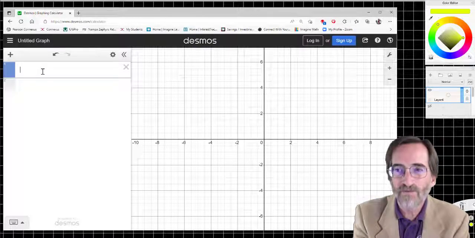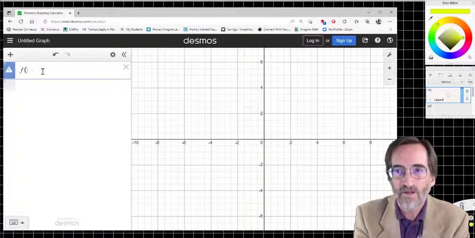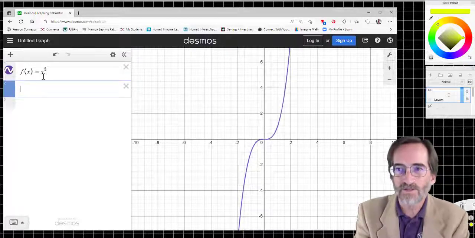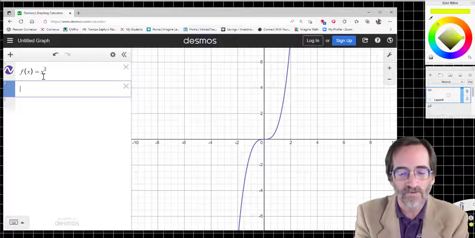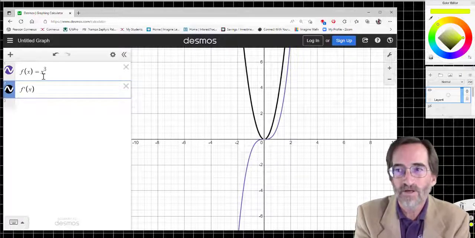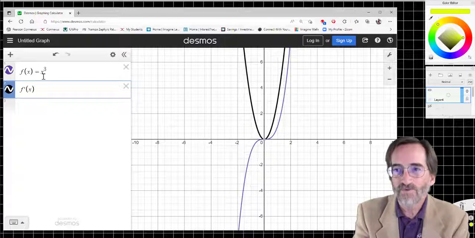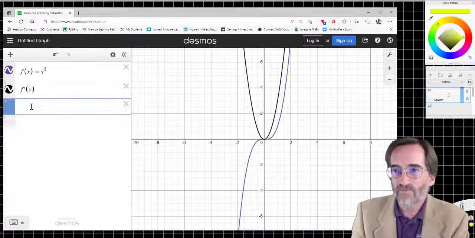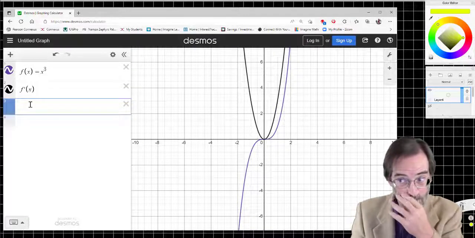So let's say I have some function f of x equals x cubed. There are two ways in Desmos to find the derivative. One is using Leibniz's notation, f prime of x. Notice what it does here. It graphs f prime of x, and the derivative is actually 3x squared.